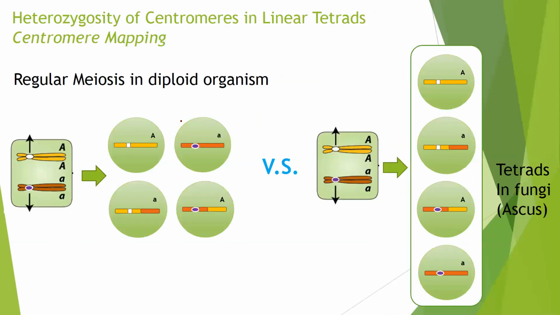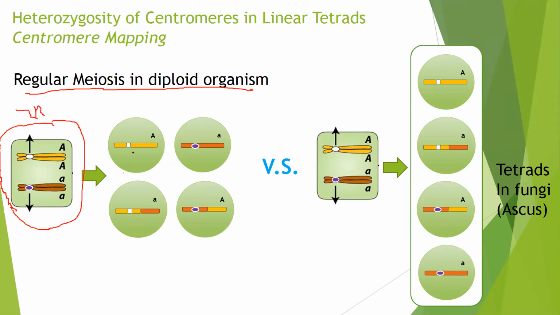So let's see what's the beauty of this model organism. This is the regular meiosis in a diploid organism, like Drosophila. We have a 2N cell here, and after the meiosis, this cell will produce 4 gametes.